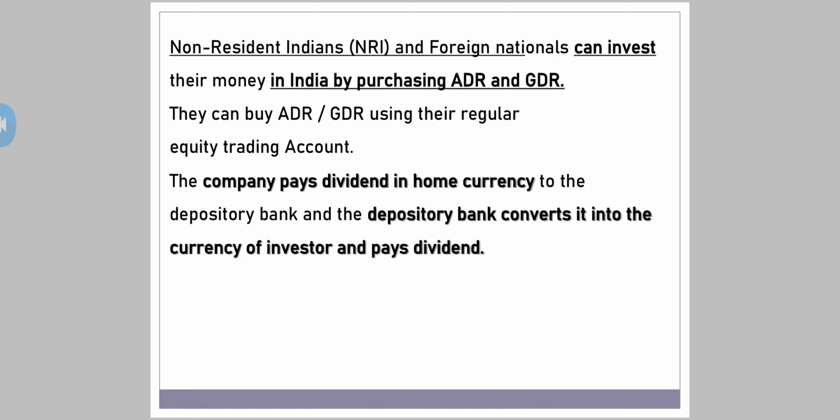The company pays dividend in home currency to the depository bank, and the depository bank converts it into the currency of the investor and pays the dividend. Let's say an Indian company wants to give dividend on that ADR or GDR. The Indian company will give dividend in rupees to the bank, and then the bank will convert those rupees into dollars, and then the dividend would be paid to the foreign investor.